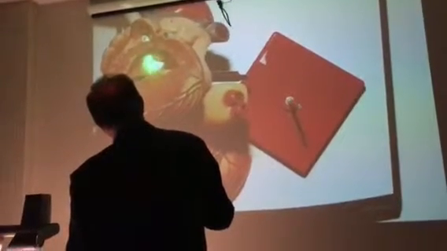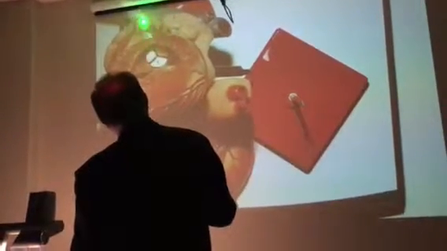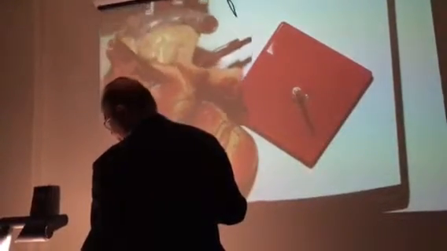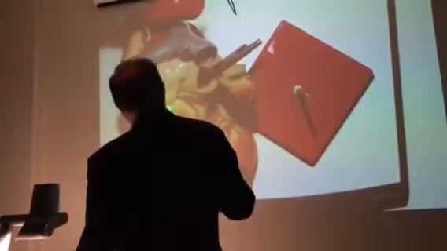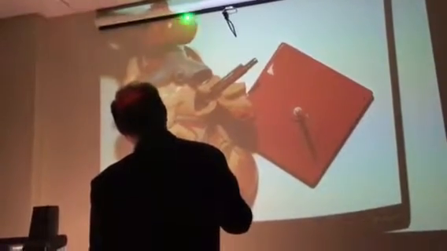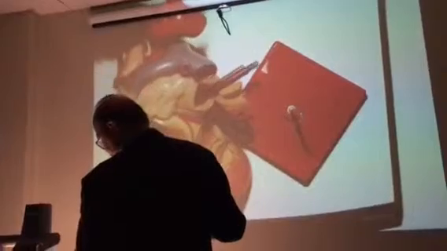These are again semilunar like the pulmonic orifice, and this blood will then enter into the aorta. Like this, from that orifice it will go into the aorta and the arch of the aorta.